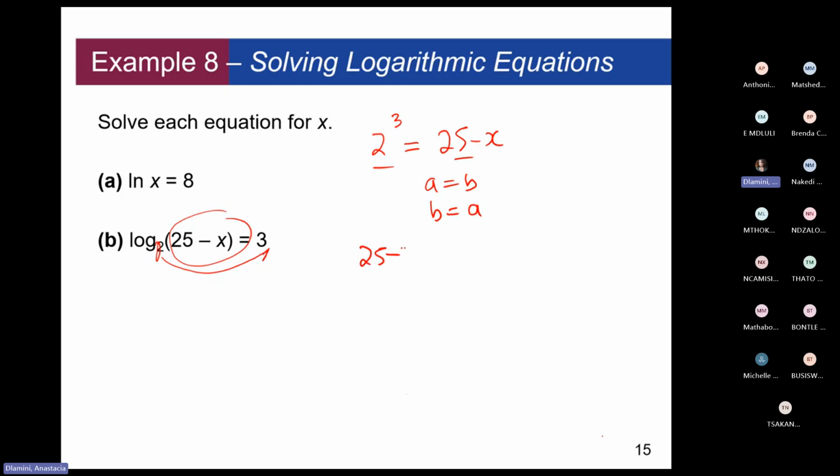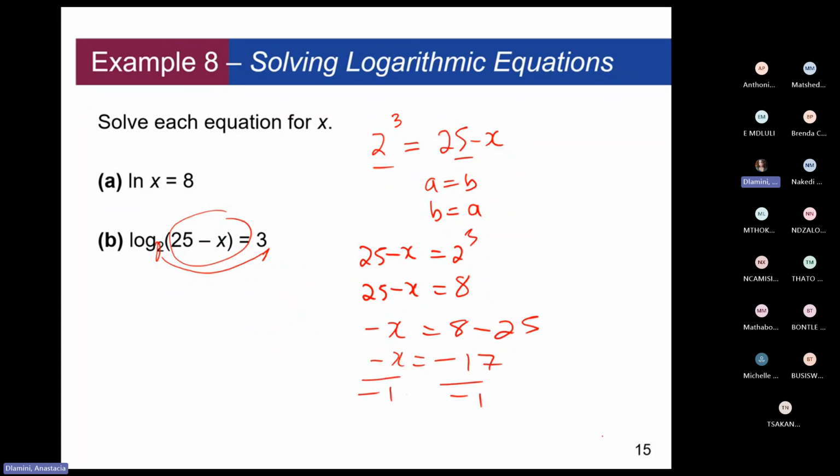So 25 minus x is equals to 2 to the power of 3, which is 8. So minus x is equals to 8 minus 25, which is minus 17. Therefore, dividing by -1, x is equals to 17.